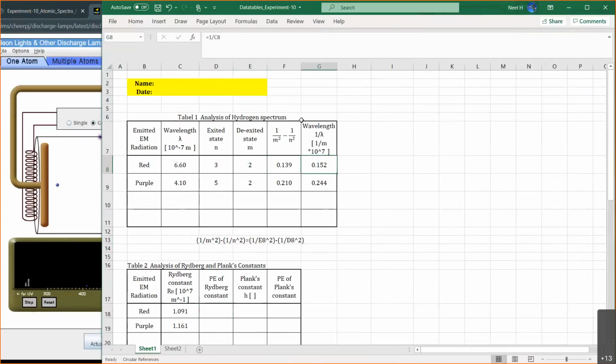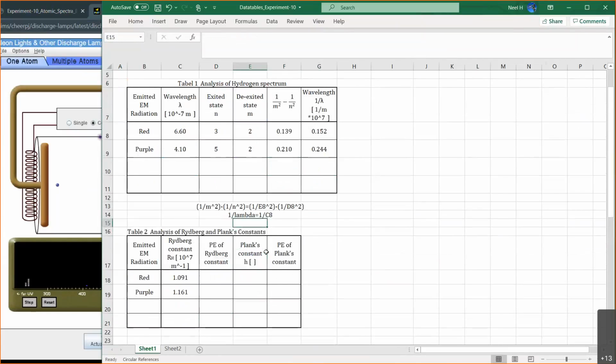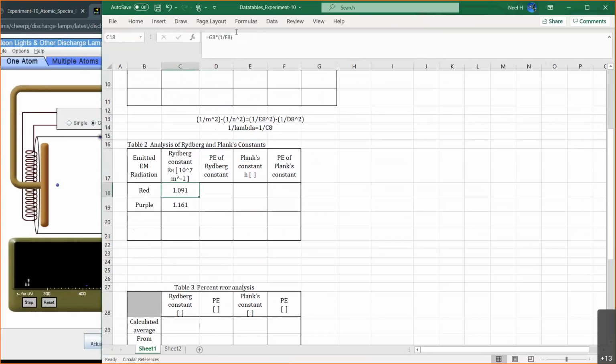And this one is for 1 over lambda. And then this one is for the Rydberg calculation. I'm reading the cell values from table 1. Okay. All right, any questions?